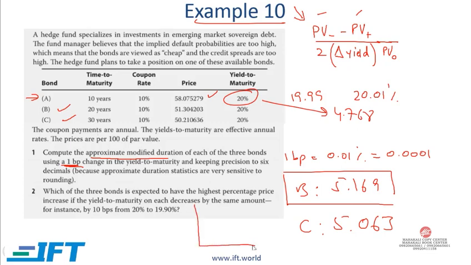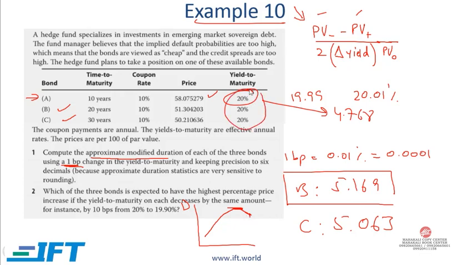This illustrates the fact that with a discount bond, we could actually have a shape like this, where duration is on the y-axis, time to maturity is on the x-axis. This example demonstrates the fact that a 20-year discount bond could have a higher duration than a 30-year bond.